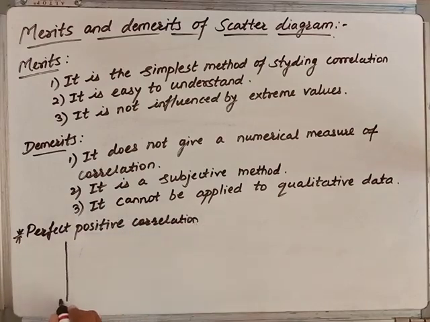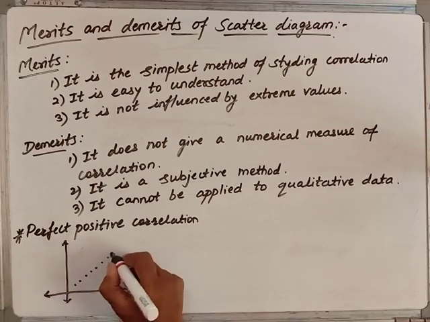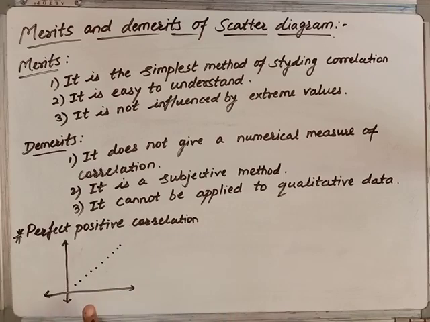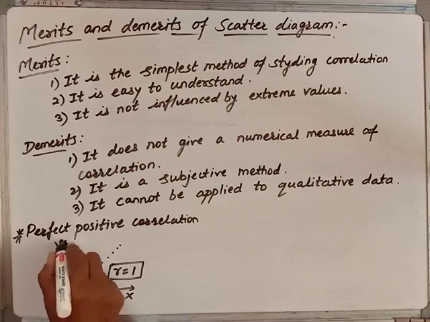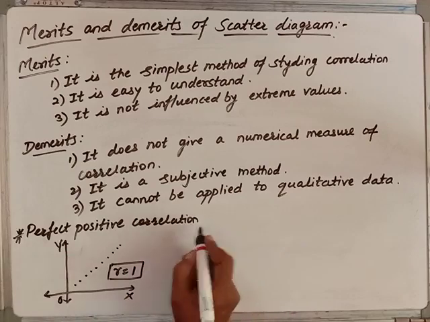Here the scatter diagram occurs in this direction, clearly in direct proportion. It runs from the lower left hand corner to the upper right hand corner, and here r is equal to 1. Keep in mind this thing. This is the x axis, y axis and origin. You can denote this much, it is enough.